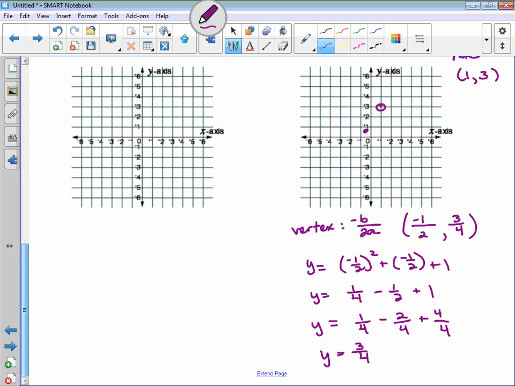What do you remember about parabolas as far as things being mirrored and symmetry? They're symmetric. If this is my vertex and I have a point here, I'm going to have the same point on the other side. You are welcome to plug things in, like -1, -2, whatever you want to.